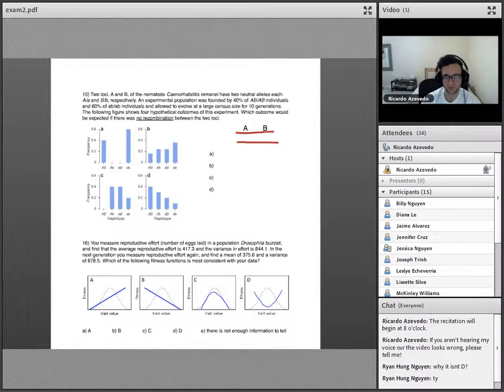So 40% of them carry these haplotypes, and the other 60%, since they're diploid, carry two copies. In the case of the other 60%, they are only A and B. Okay, so that's the founding population.